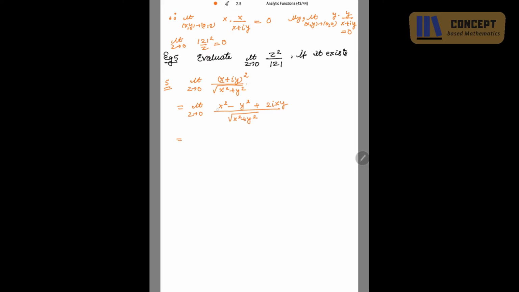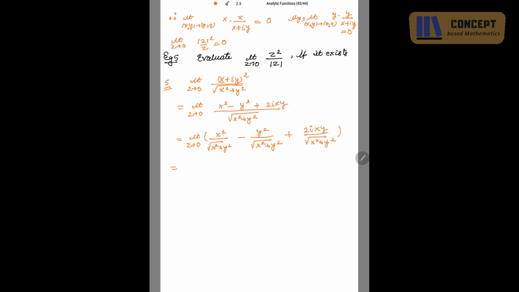Now separating the parts, you will get the limit as z tends to 0 of x square over root of x square plus y square, minus y square over root of x square plus y square, plus 2 iota xy over root of x square plus y square. So I have separated the parts.